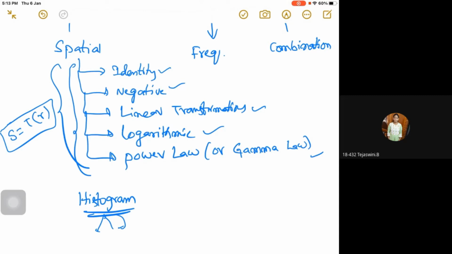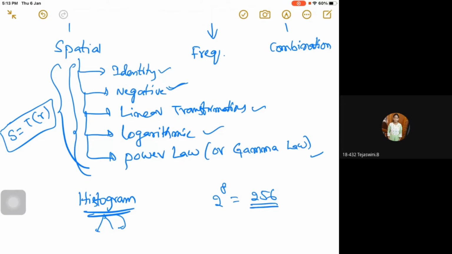For negative, we have to take the reverse. For the low intensity values, we replace them with high intensity values. Generally we take 8 bits, so 2 power 8 gives you 256 gray levels. So in image negative, for a 0 intensity value we replace with the maximum value, and for the maximum value we replace with the minimum value.